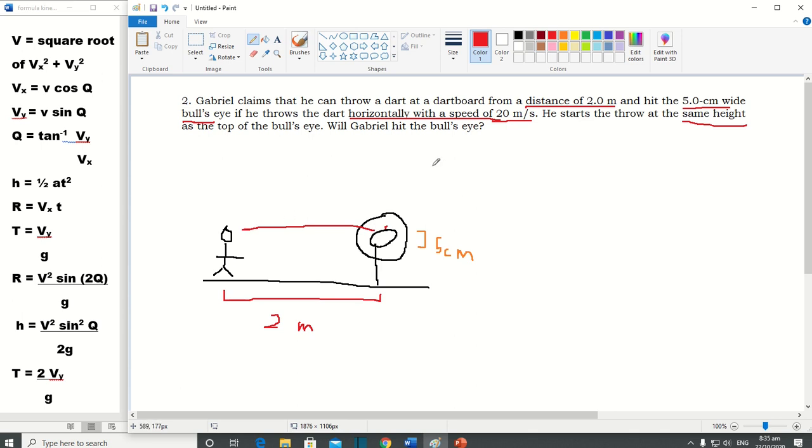So ang question is, kung ganyan yung mga conditions na given, kung ganito yung speed niya, horizontal speed na 20 meters per second, 2 meters away sa dartboard at 5 cm wide ang bullseye, tatamaan niya ba daw yung bullseye? So ngayon, lista muna natin yung mga given.